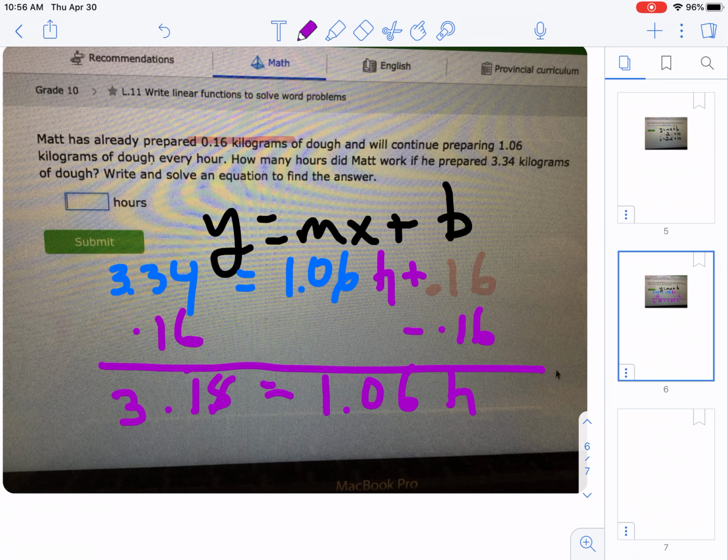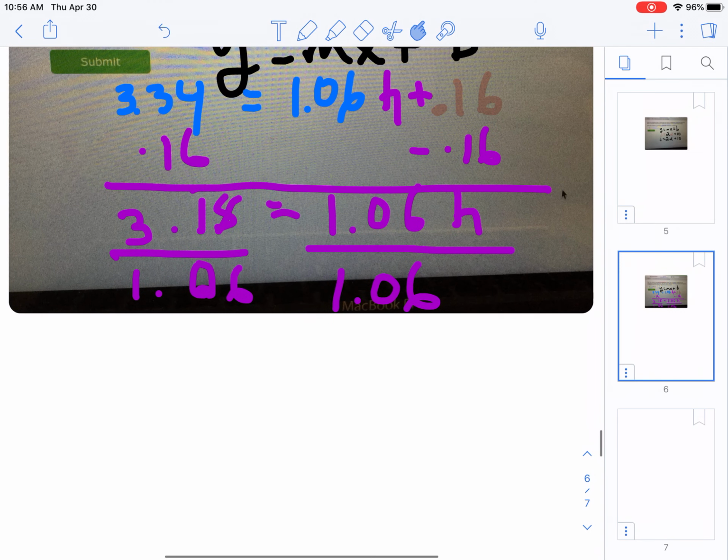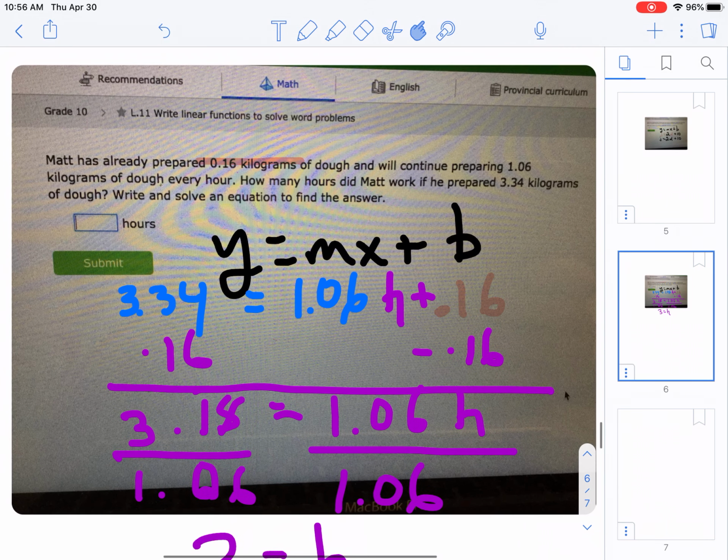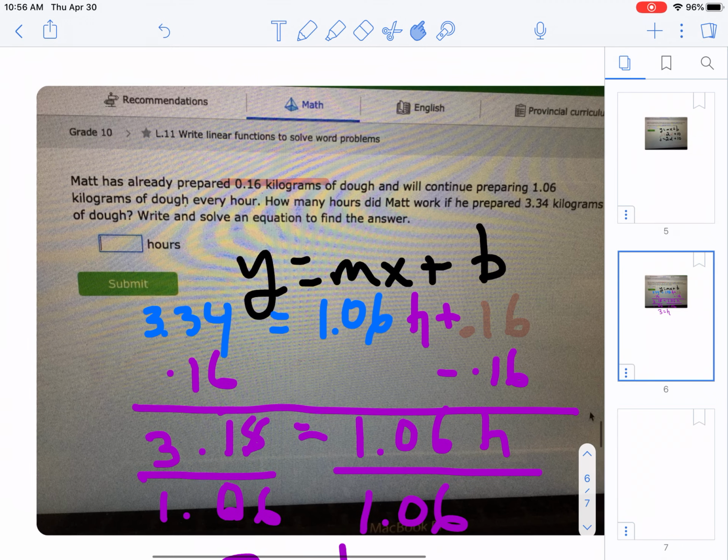Okay, in order to get h by itself, we have to divide both sides by 1.06. So 3.18 divided by 1.06 is 3. So 3 equals h. So the answer is that Matt would have to work 3 hours.